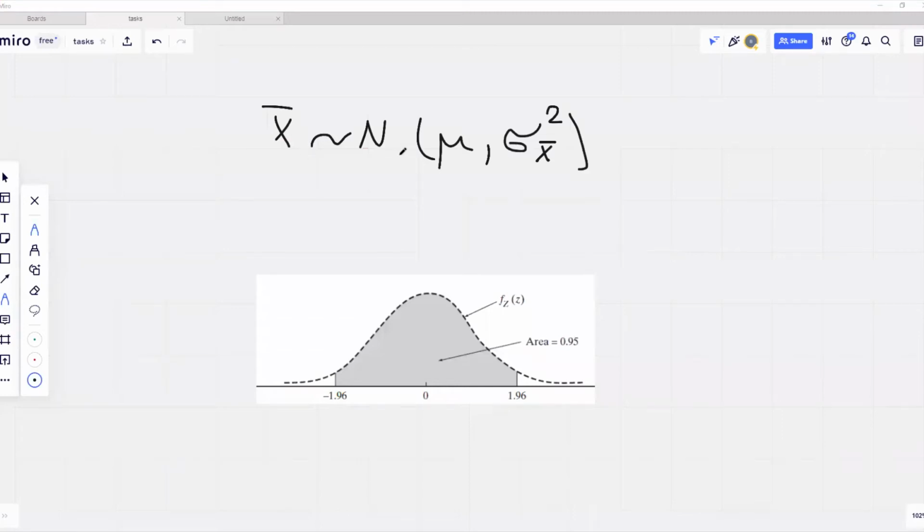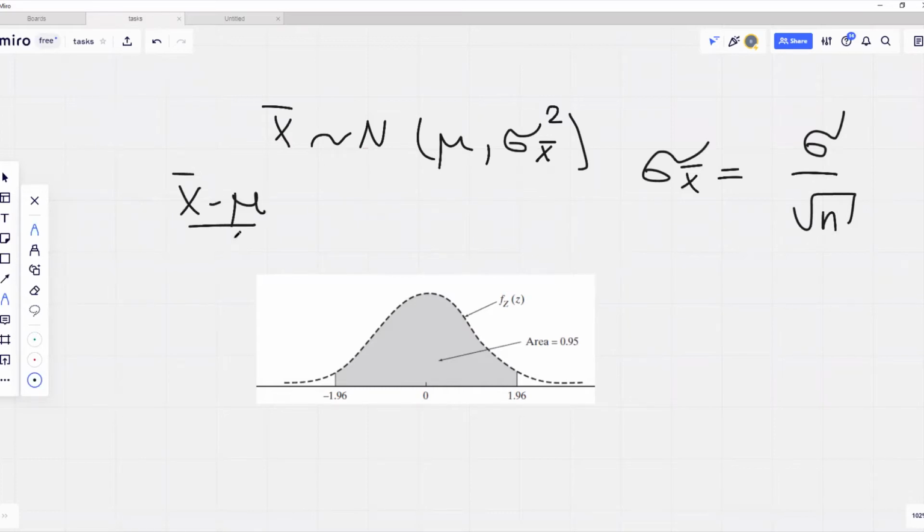So X bar follows a normal distribution with mean mu and variance equal to sigma X bar squared, where sigma X bar is the standard error of the mean, given as the standard deviation of the population divided by the root of n. Now X bar minus mu, divided by sigma over root of n, is going to follow the standard normal distribution with mean 0 and variance of 1.